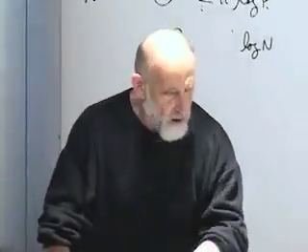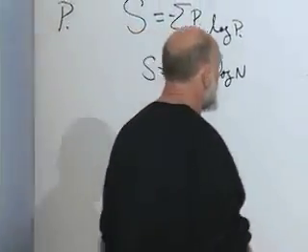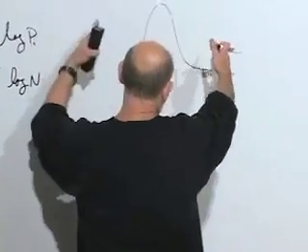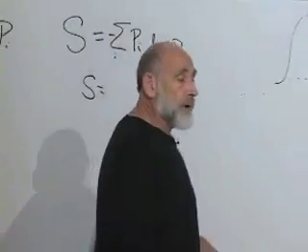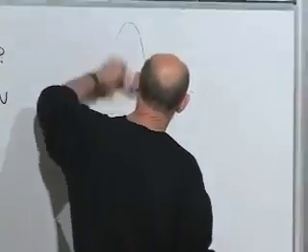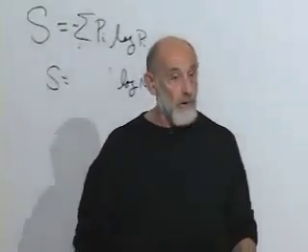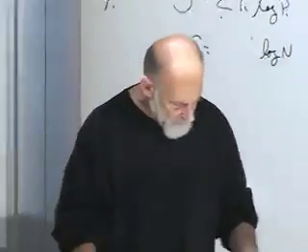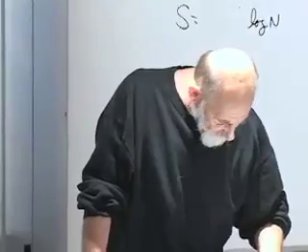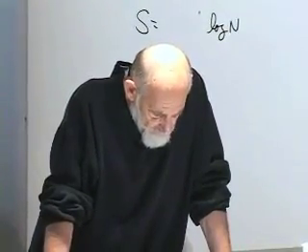So it's a measure of the degree of ignorance. The more ignorance, in other words, the more states that the probability distribution is spread out over, the less you know about the system. The more you know about the system, the fewer the states, and the smaller the entropy. So it's a measure of ignorance.